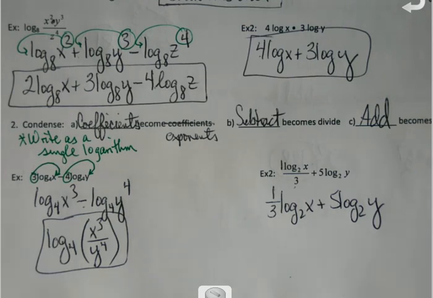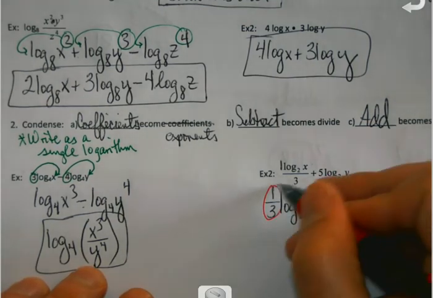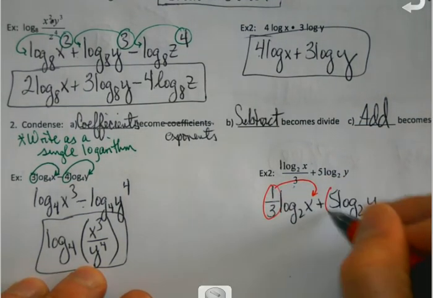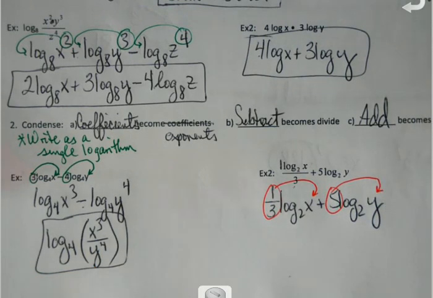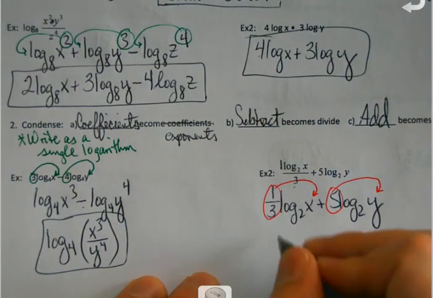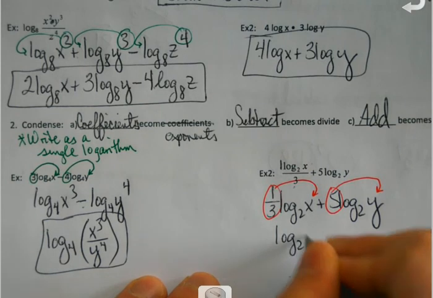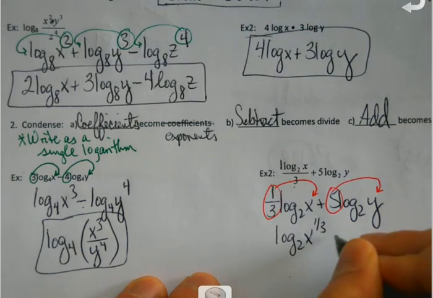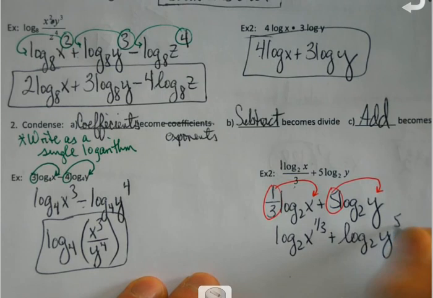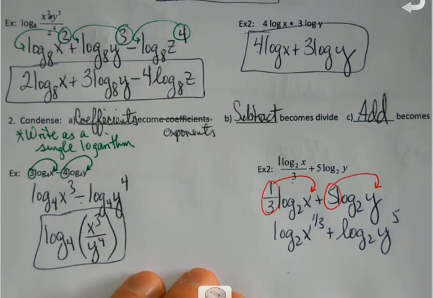So once I get here, now we start all the rules. So I take those coefficients, turn them back into exponents first. Then I start working down the line here. I'm like, do I have any subtraction? Nope. Do I have any addition?